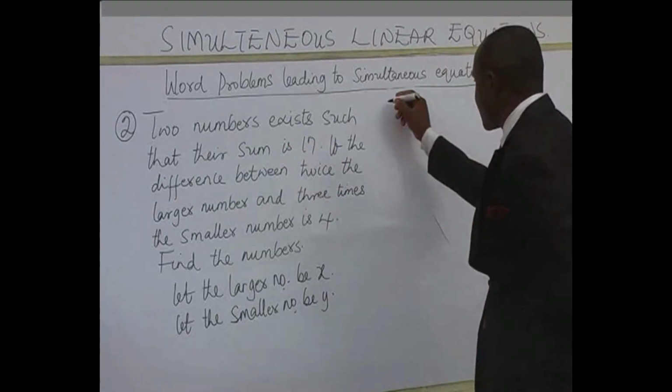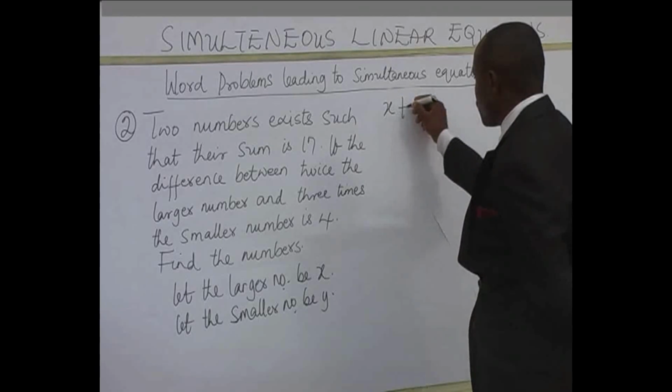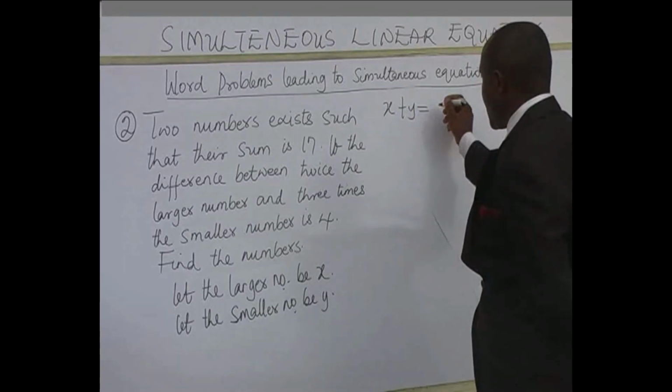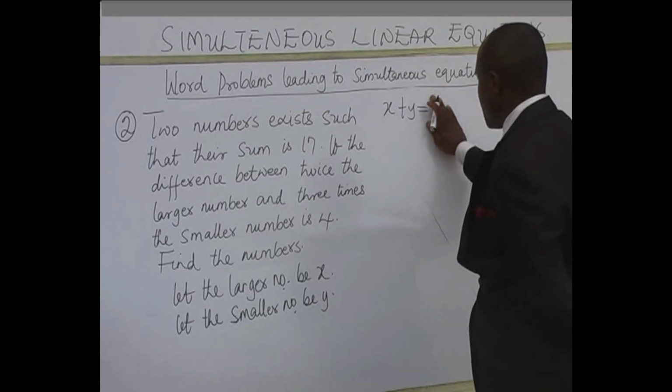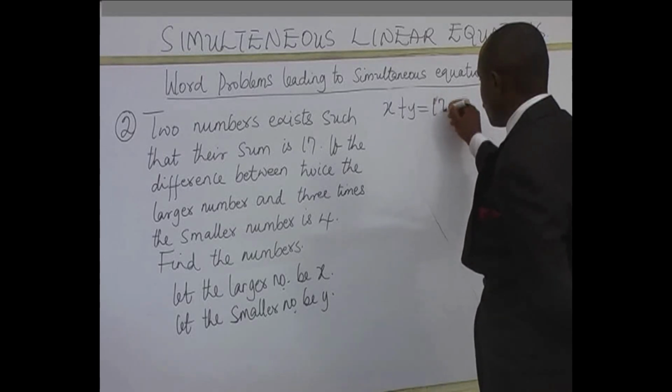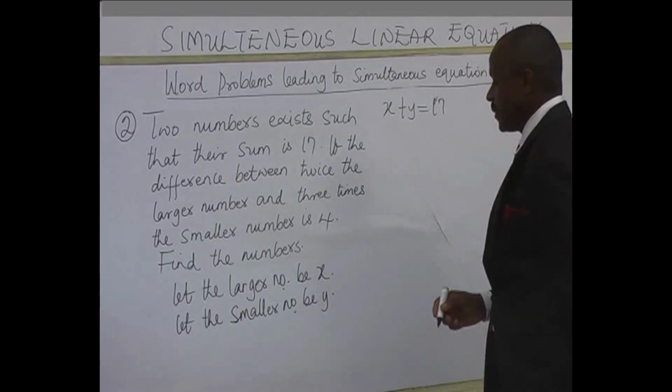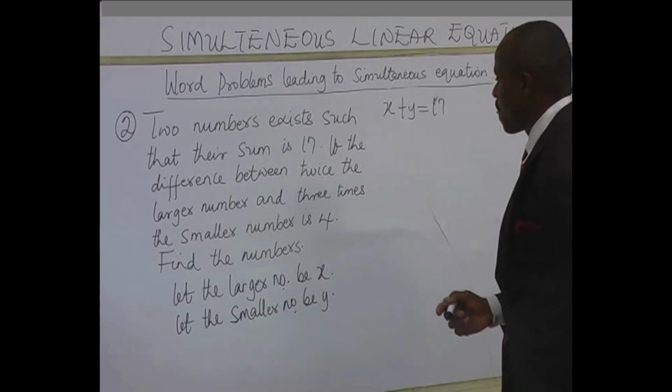That means X, the larger number, plus Y, the smaller number, is 17. That has been the first equation.